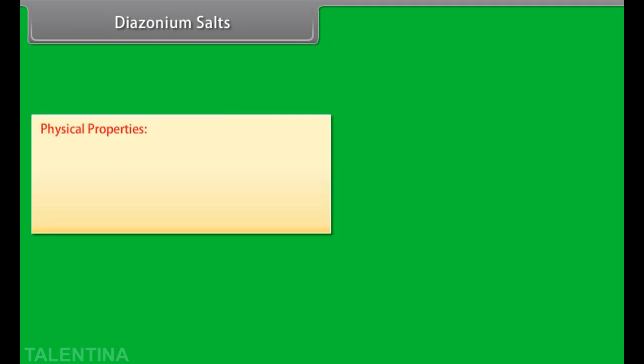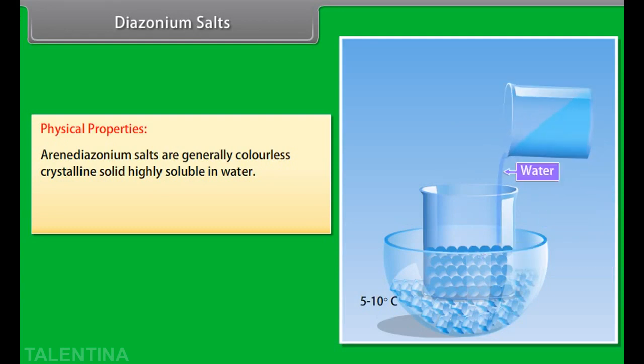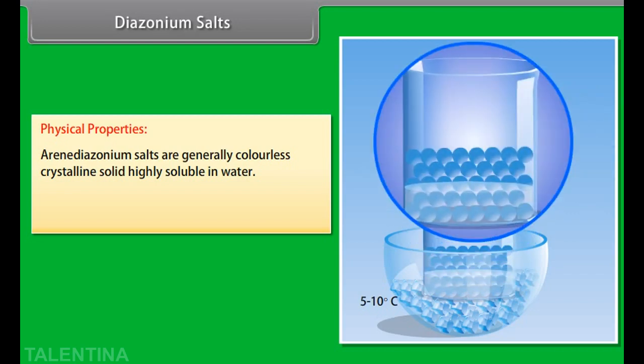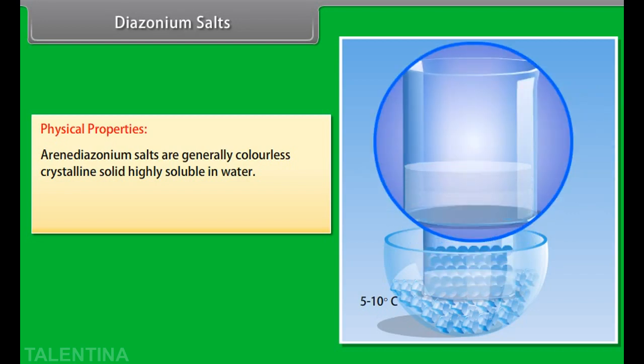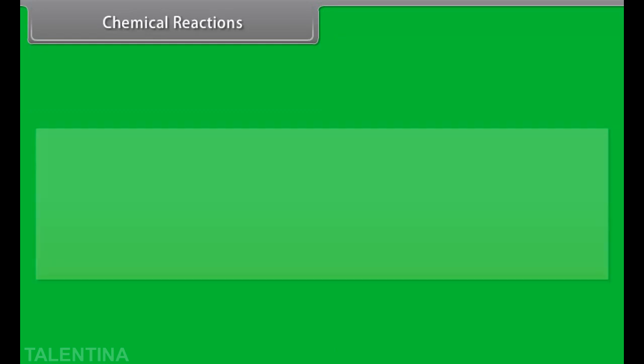Physical properties. Arene diazonium salts are generally colorless, crystalline solids, highly soluble in water. Generally, diazonium salts are unstable above 5 to 10 degrees Celsius and many explode when dry. Chemical reactions.